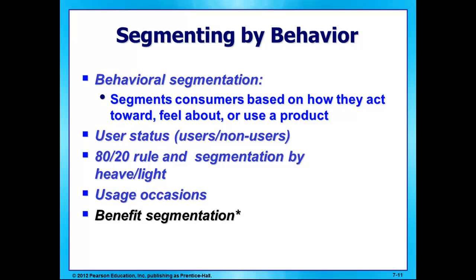Benefit segmentation is a different color on your slide with an asterisk, where the asterisk means not in your textbook. This is a very important variable of behavior-based segmentation. Let's think for a minute about product proliferation at the point of purchase.